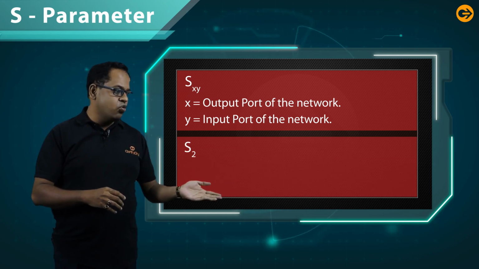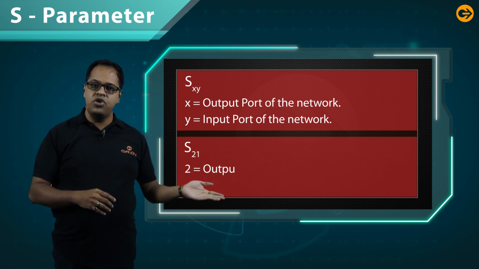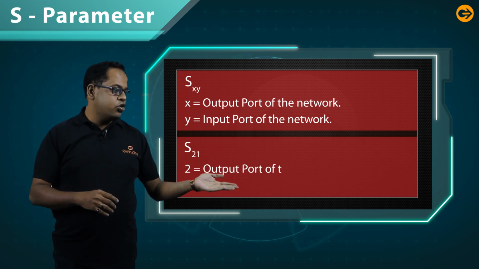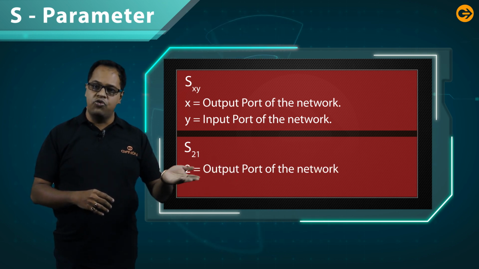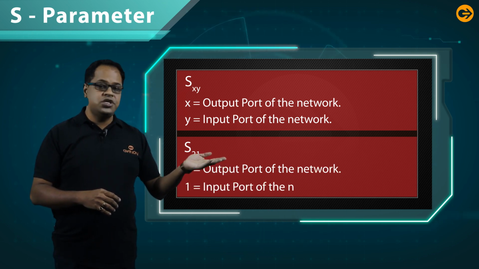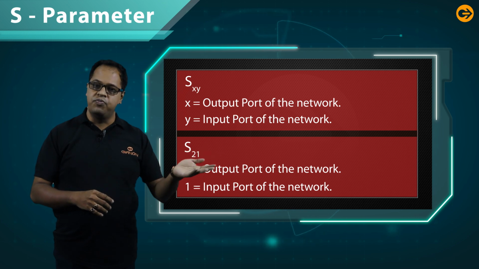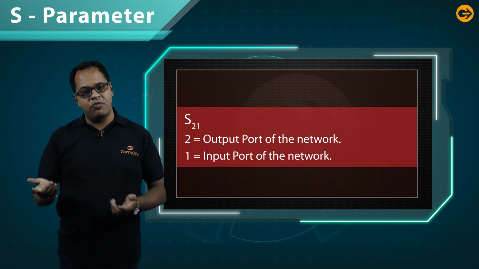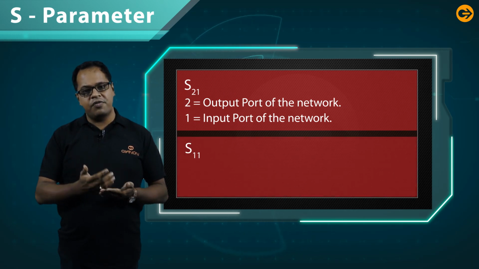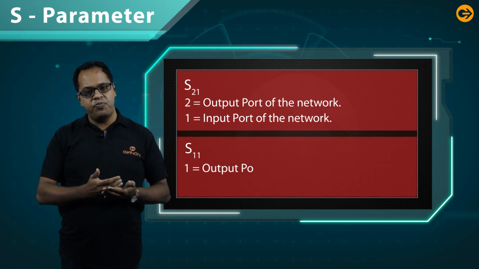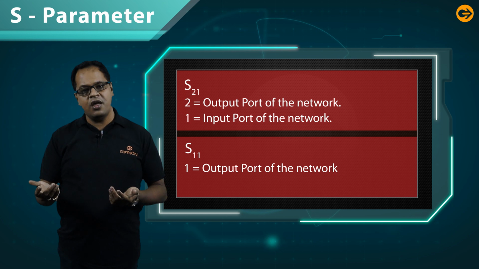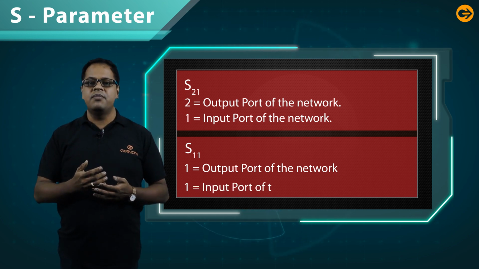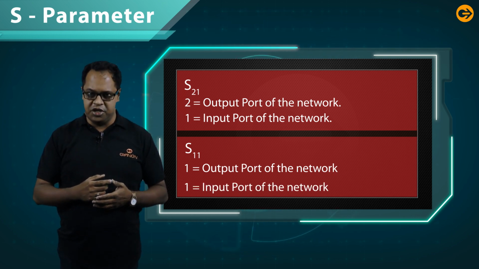Say S21. Here 2 denotes port 2, which is the output, and 1 is port 1, which is the input. Then I ask you a simple question, what is S11? Obviously S11 has 1 as the input port and 1 again as the output port. That means it can measure the reflection.